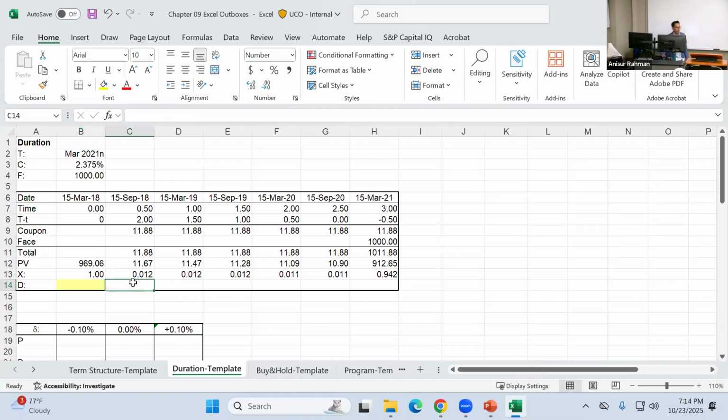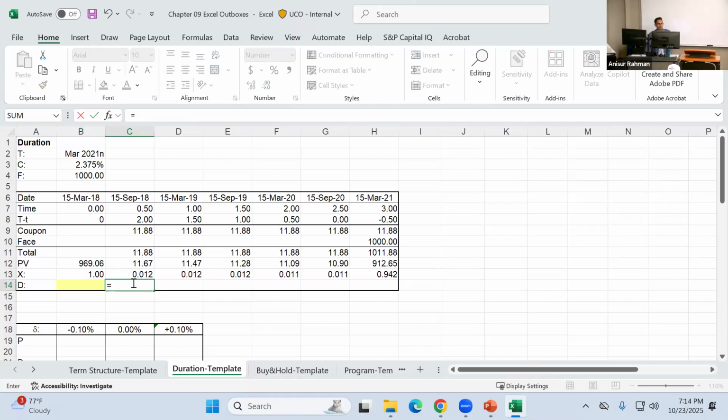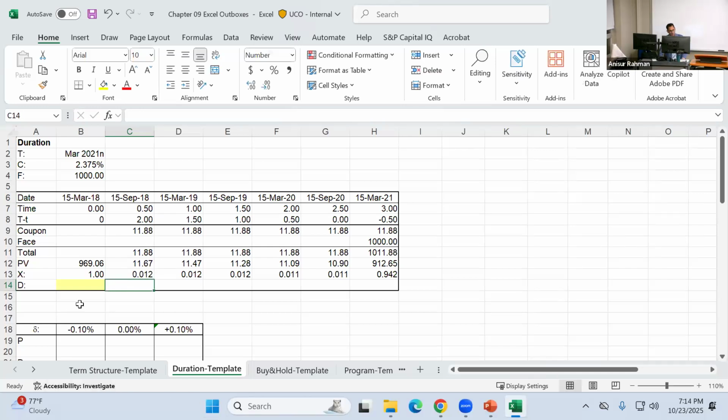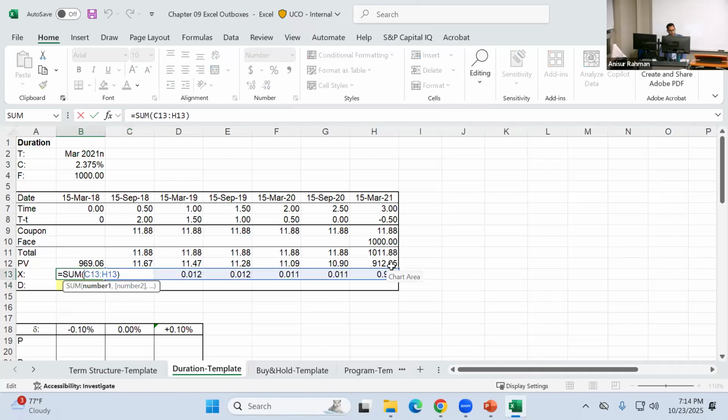Now we are going to multiply with the time. What are the times here? Yeah, there are two rows with time. No, it is the sum of all the weights.